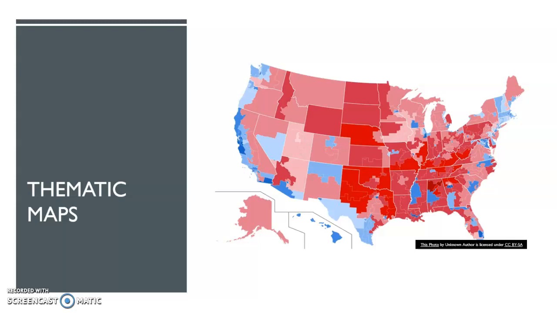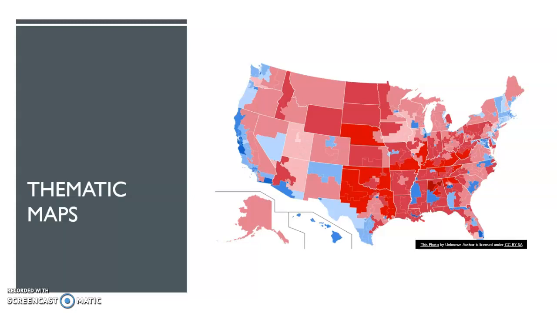So there are several different types of thematic maps. There are choropleth maps, like the ones above, where they use color and shades of color to show specific bits of information. Graduated symbol maps, where they'll use symbols, like pie graphs, for example, to show the percentages of something. Dot maps, where literal dots are placed onto the map to equal some value, and then you can use those dots to show the density of that value in a given area.